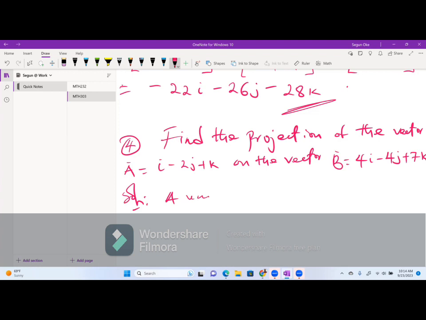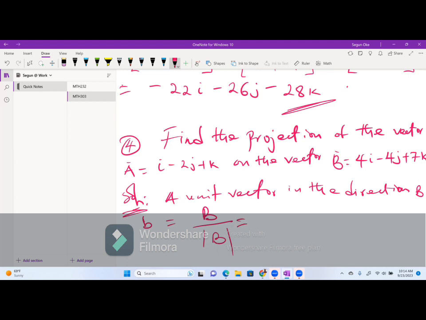Find a unit vector in the direction of B. So our unit B equals B divided by magnitude of B. You remember the one we did last class? When you are asked to find the unit vector in that direction, you divide by the magnitude of it.